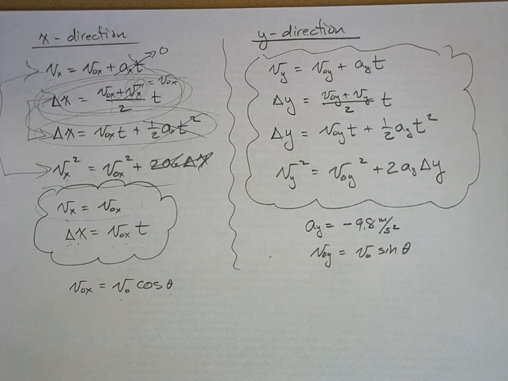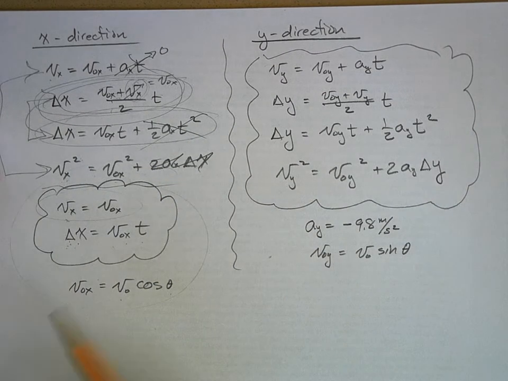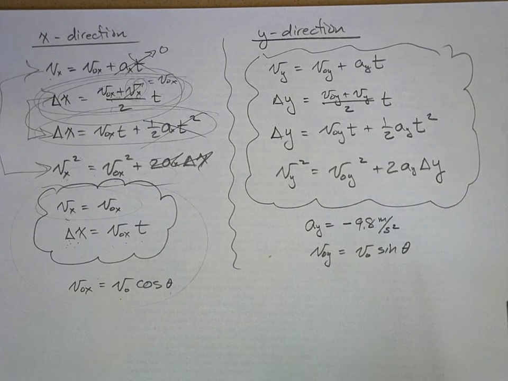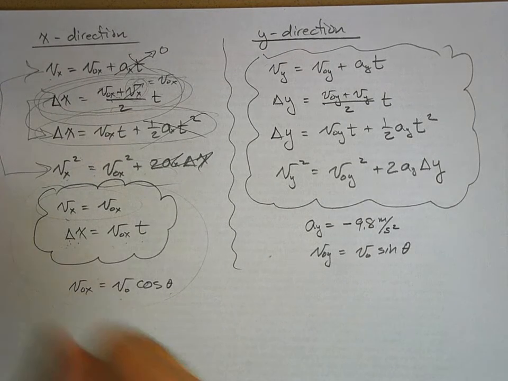Okay, but if you're looking at the x direction stuff and the y direction stuff, what's the same? What is the link between your motion in the x direction and your motion in the y direction?